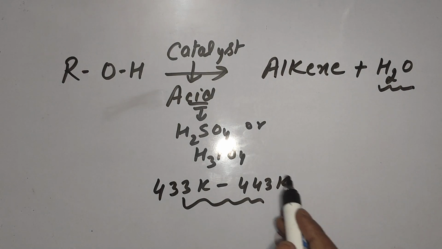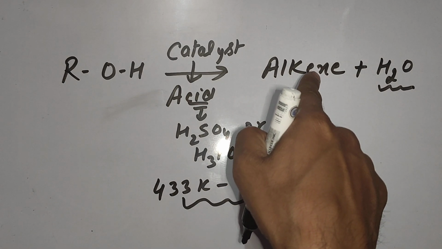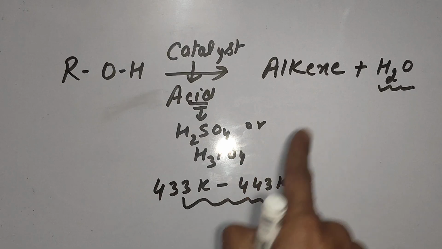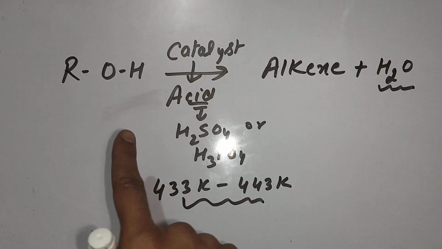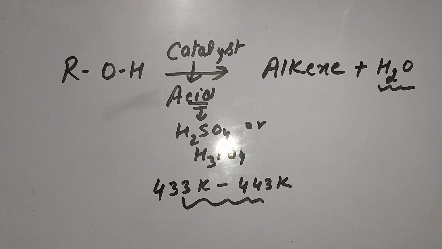Again, note down the range of the temperature, because if you change the temperature, products will also change. In this video, we will deal with this range. Alkenes will generate. You have to cram it: 433 Kelvin to 443 Kelvin, it will give you alkene on dehydration. Acids are required as a catalyst.